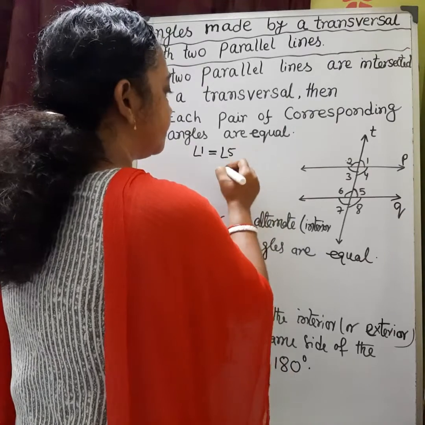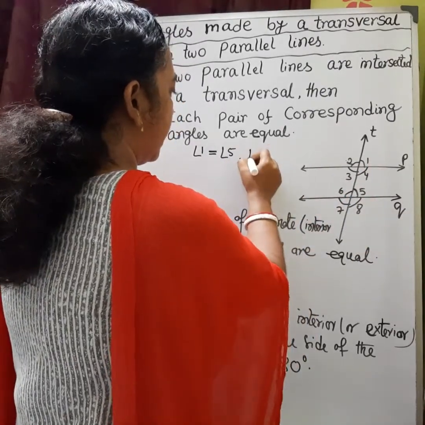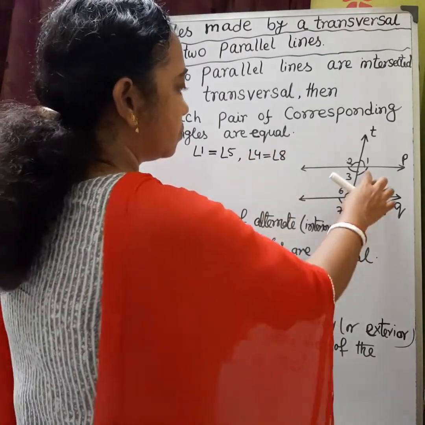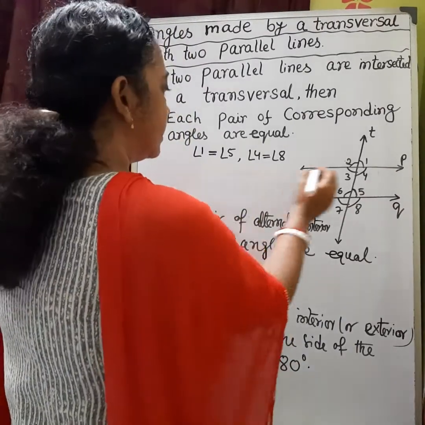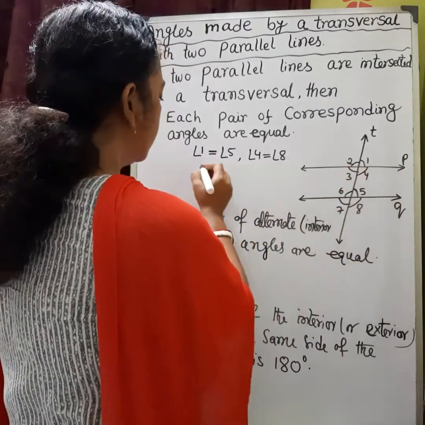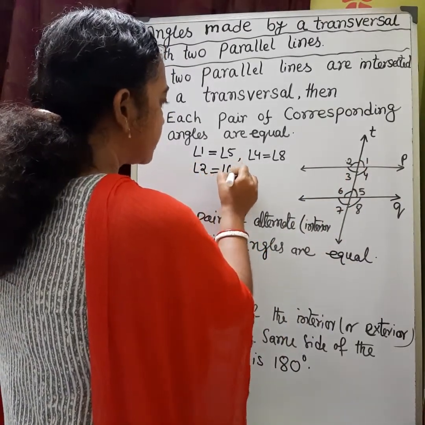Similarly, angle 4 is equal to angle 8. These two are below the line. Now on this side, on the same side of the transversal, angle 2 is equal to angle 6.